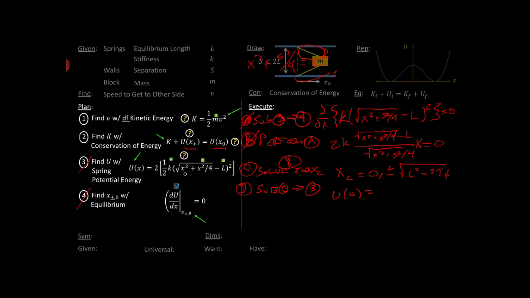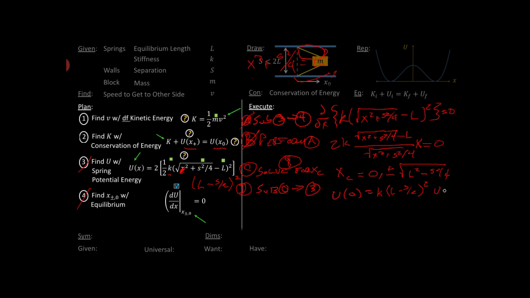If x is 0, then we just have k times the square root of s squared over 4, which is just s over 2. So we have L minus s over 2 squared. I'll do it that way, I can flip them around if I want because it's squared, but I'll do it that way because that's a positive number.